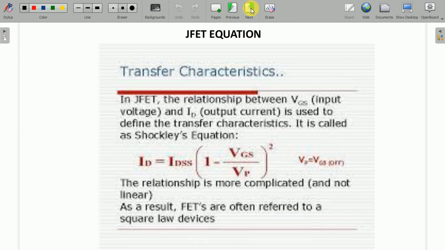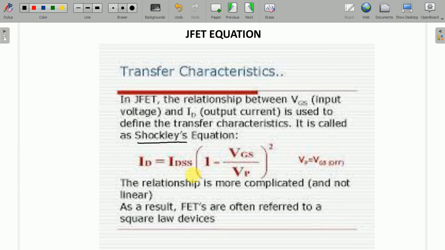So from the transfer characteristics in JFET, the relationship between VGS input voltage and ID output current is used to define the transfer characteristics. It is called Shockley's equation. Since this curve is like a parabola, we can fit this equation for that curve.